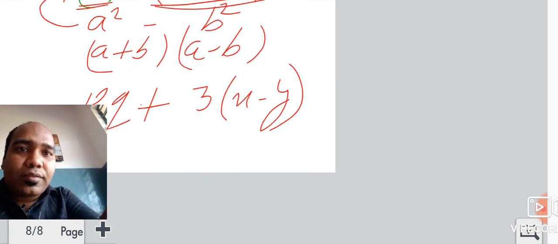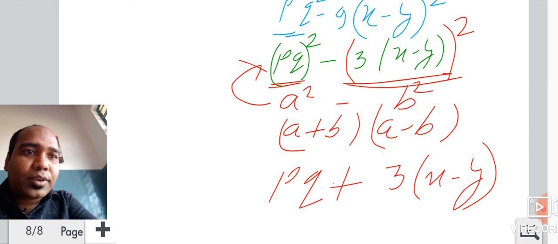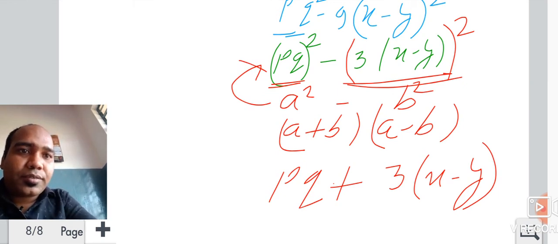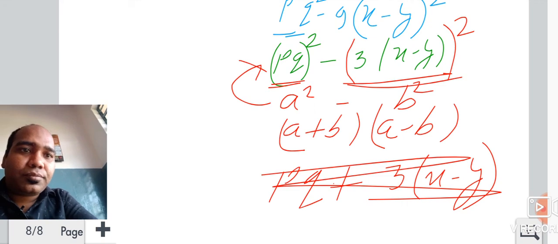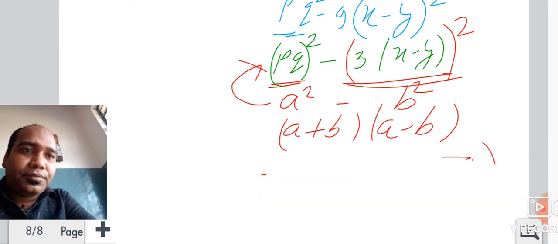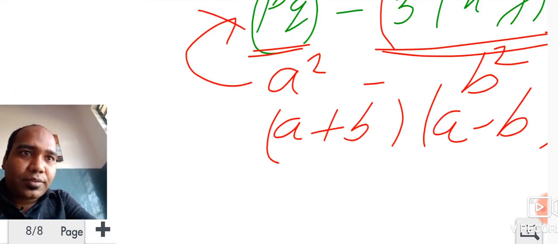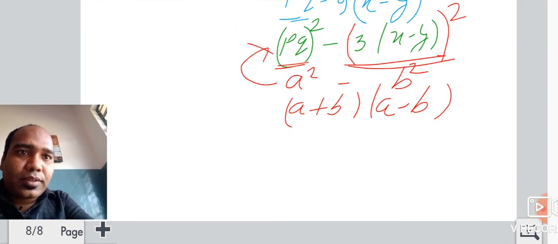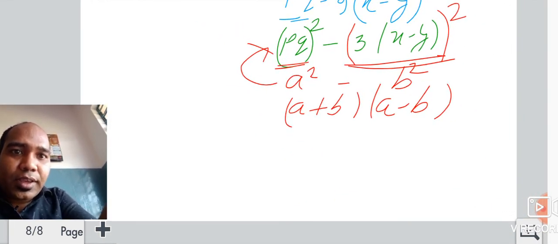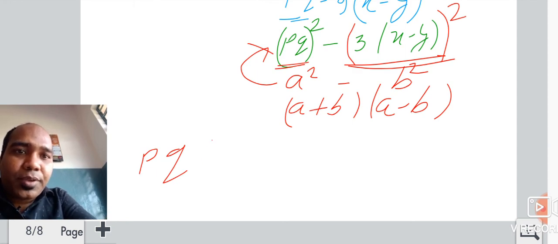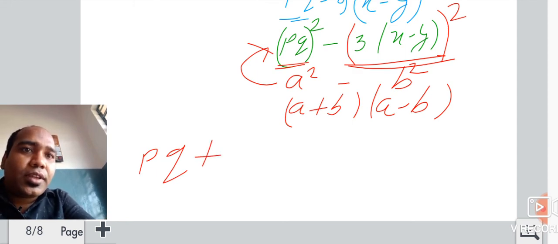So A plus B: in place of A I am writing pq, then plus B, and in place of B we have 3 into x minus y.